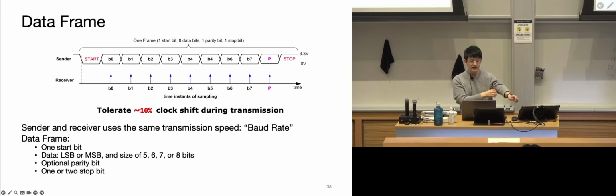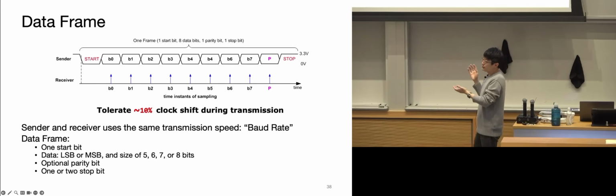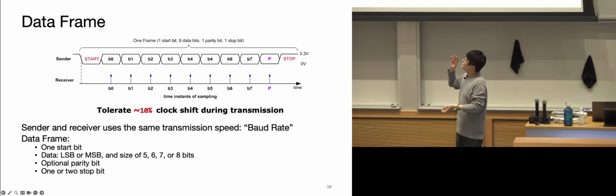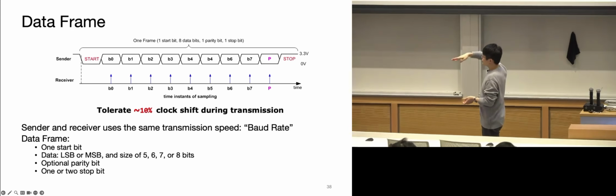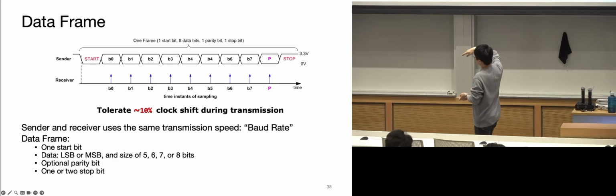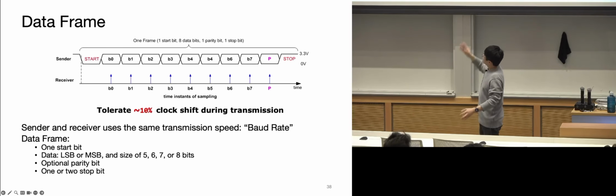From a data frame or data format perspective, usually this is what data looks like for UART communication. It has a start bit that goes to logic low. By default, in idle state, it's always logic high. And you have 5, 6, 7, or 8 bits.